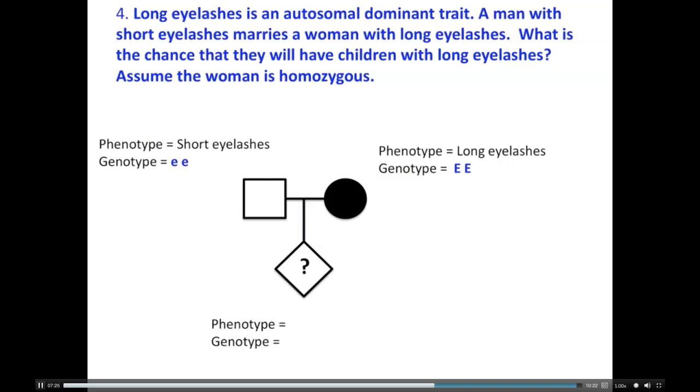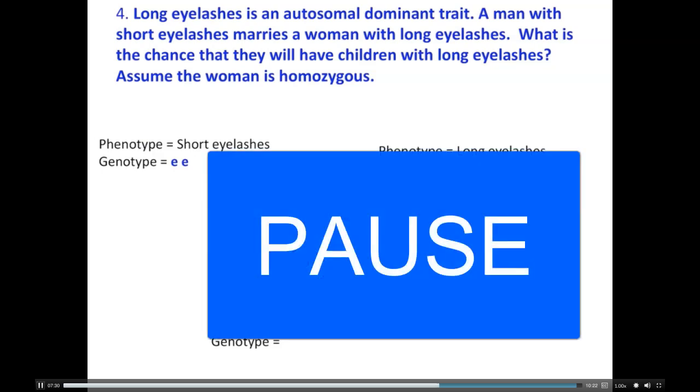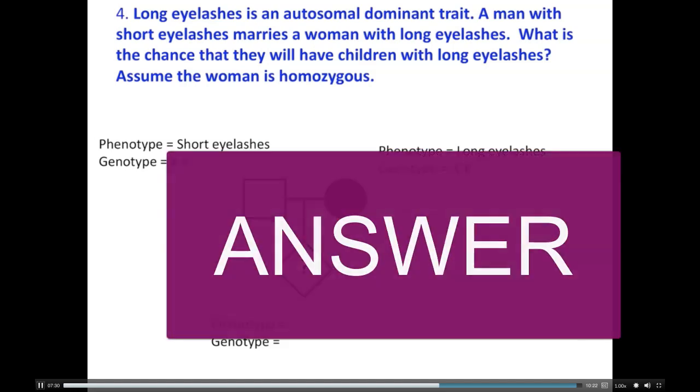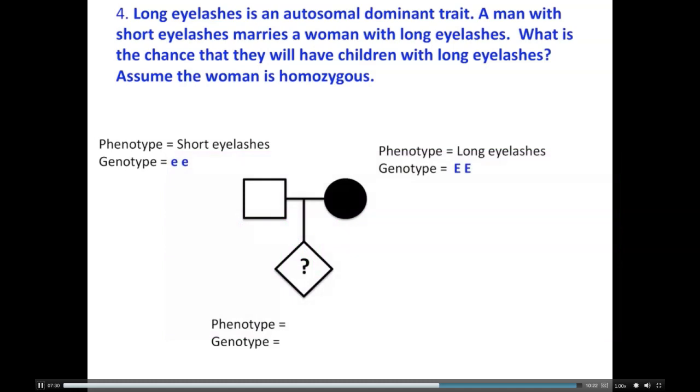When you draw this pedigree, you can maybe even guess the answer right away. You can see that the man can only pass down the little e, the mother can only pass down the big E, and so hopefully you find out that the child has to be long eyelashes and heterozygous.